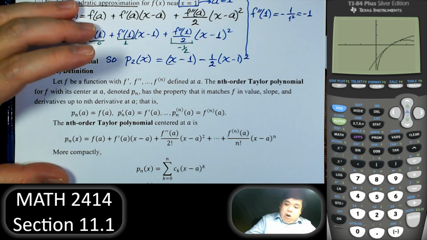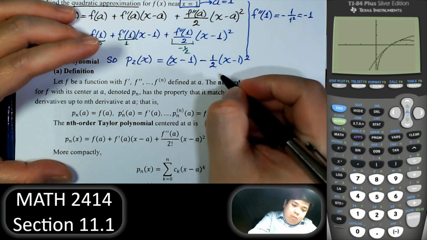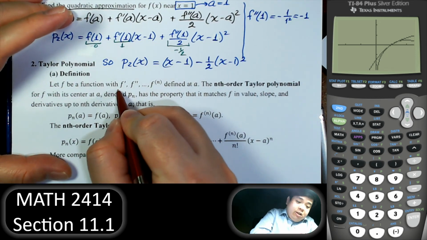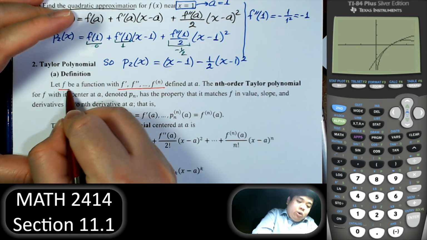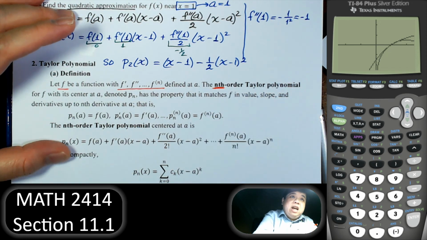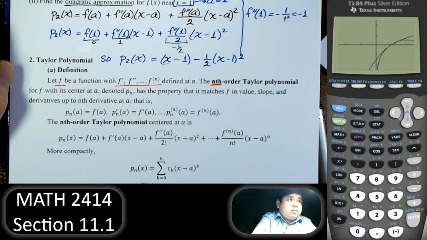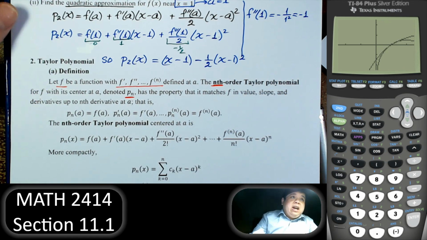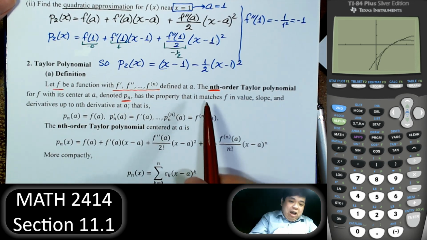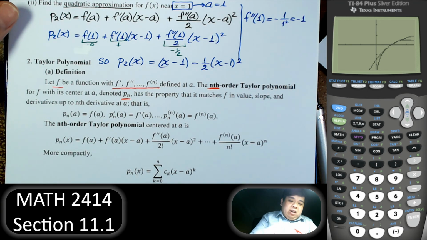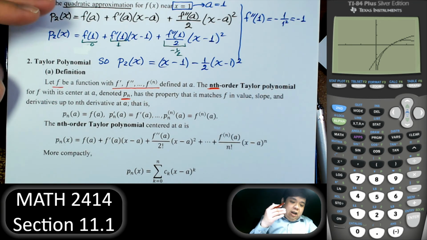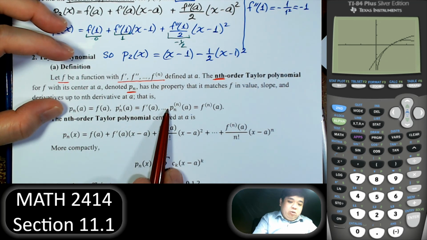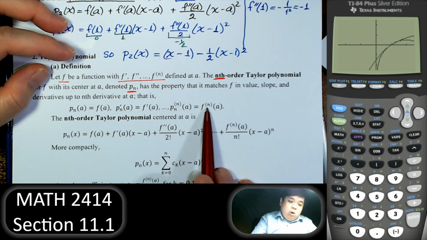When we have the n-th order polynomial, meaning that we know the n-th derivative along with the function, we denote that by P of n, and it has the values, the slope, the second derivative, up to that. So we have the values of the function, derivative, second derivative, and so on, all the way to the n-th order derivative.